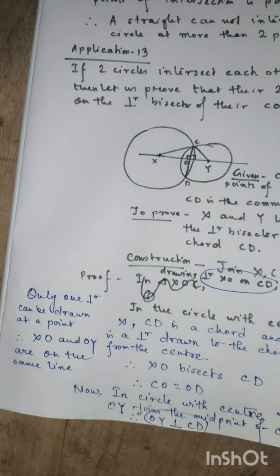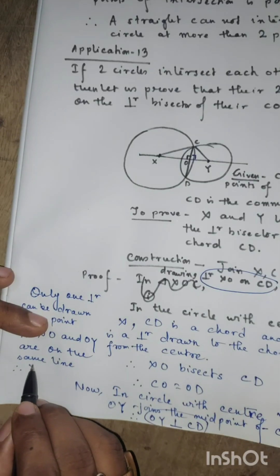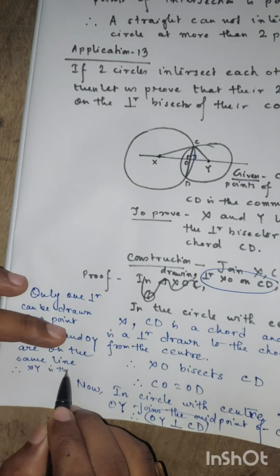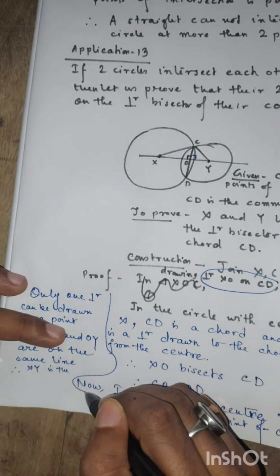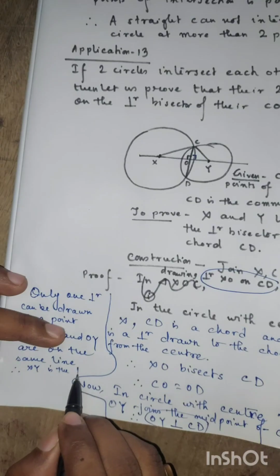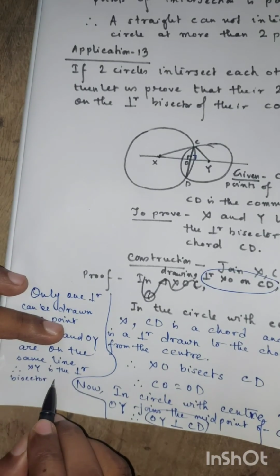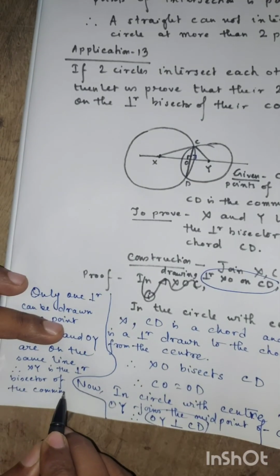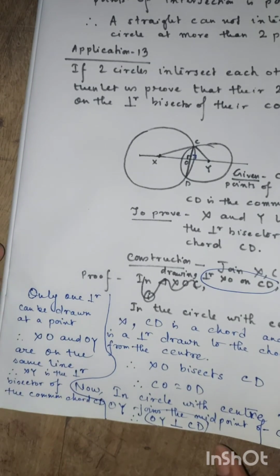Therefore, XY is the perpendicular bisector of the common chord CD. Therefore, XY is the perpendicular bisector of the common chord CD.